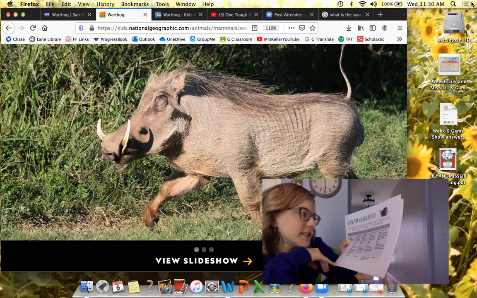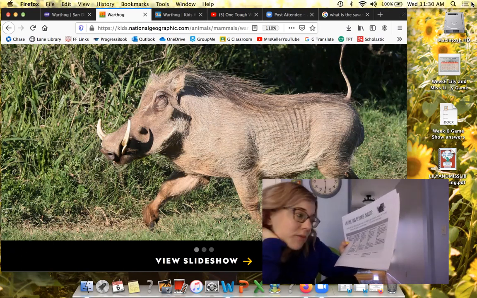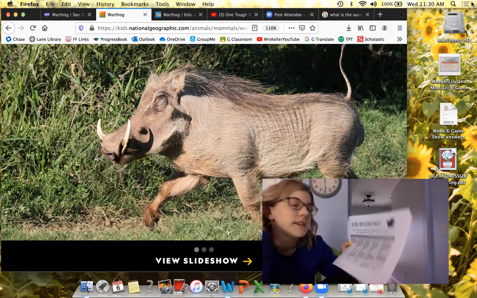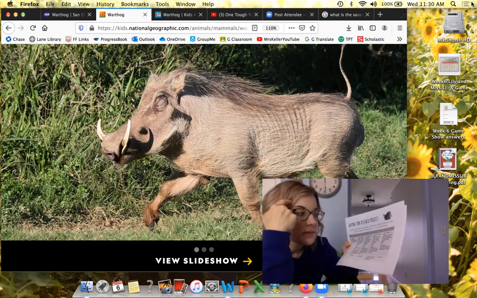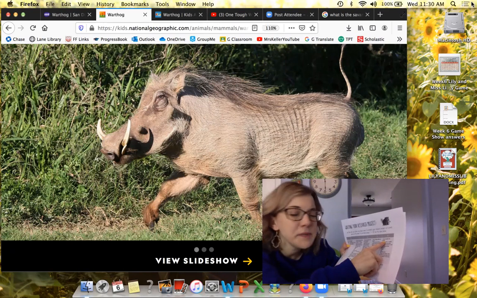There might be inaccuracies in information. Maybe you've only written 1 or 2 complete sentences, or you haven't written complete sentences. And then, you know, maybe you forgot to label your diagram. This is what you're going to aim for. Focus on this. Your work is complete and accurate, which means your information is correct about your animal.